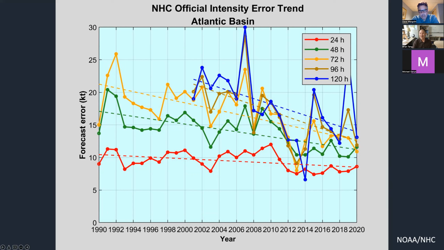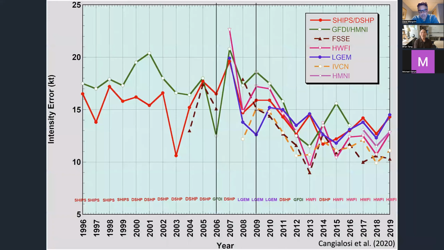So what happened here, right? What happened during this time frame to lead to this? So we can again look at the various intensity guidance products that the National Hurricane Center and other forecast centers use. This is from a figure from a recent 2020 paper. Before 2006, there were really only two intensity models that forecasters used.